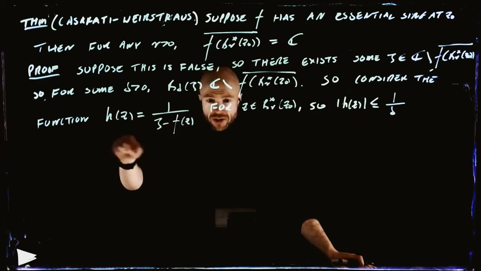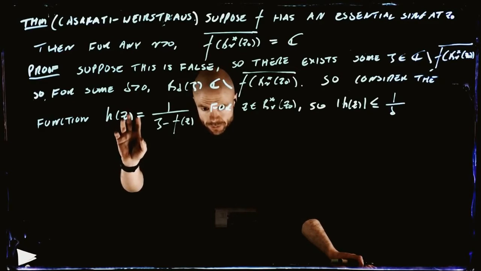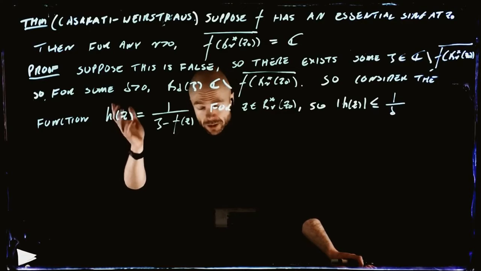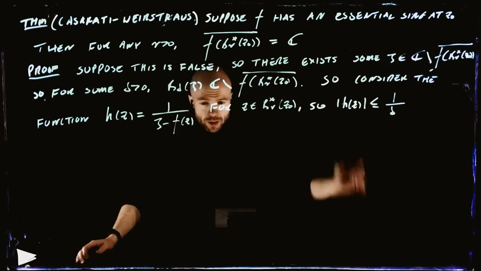So h is defined out of f, so a priori we don't have a value of h of z0 yet. Yeah? So that is exactly what we mean by singularity. It's something where it's not defined yet. But we've got this property.